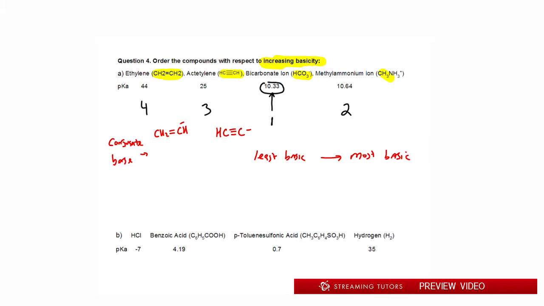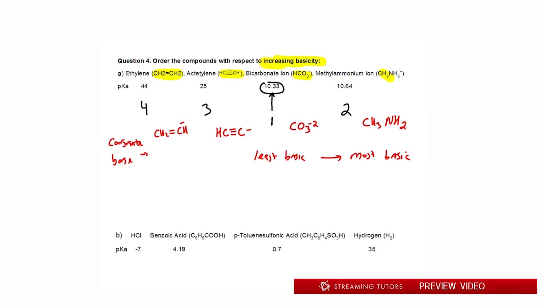Here, the bicarbonate is CO3. It was already -1, but now it's going to become -2, right? And this is going to be CH3NH. It was NH3 to begin with, so NH2. Since it was positive to begin with, it's neutral as a conjugate base. So these are the conjugate bases that we're dealing with.